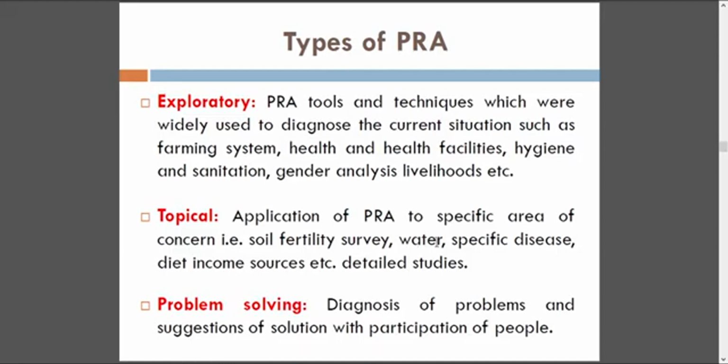It could be water related, it could be on a specific disease, maybe cholera, maybe typhoid, maybe malaria. It could be targeting diet, it could be targeting income sources of the community, and so on. Okay, so you do a detailed study on that particular area.